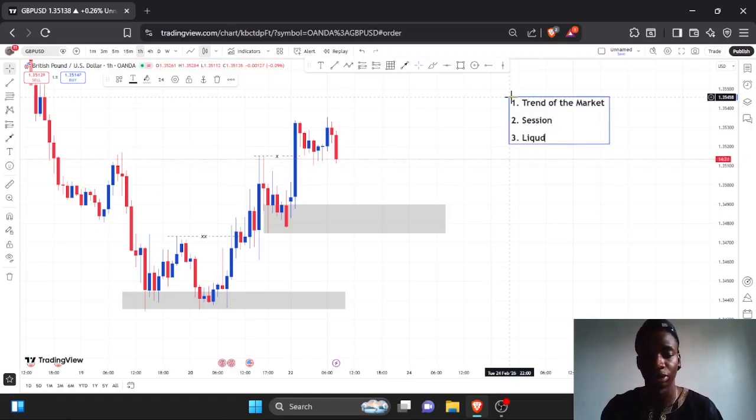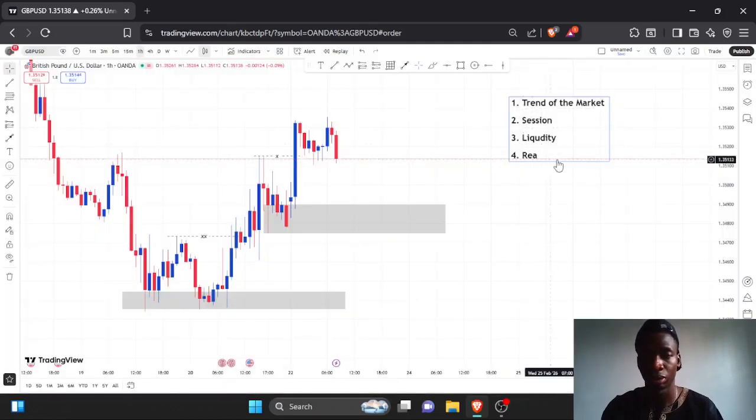But when we want to look for liquidity, first we want to look for reaction.